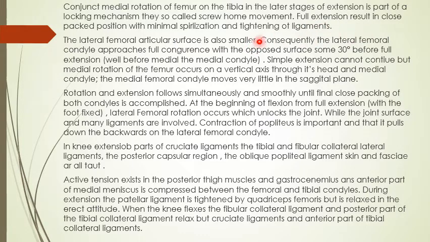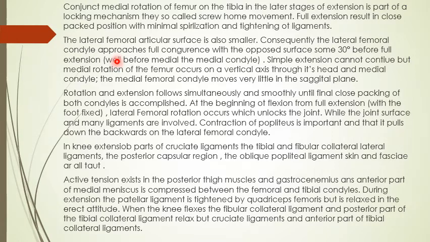Consequently, the lateral femoral condyle approaches full congruence with the tibial surface some 30 degrees before full extension, which means extension actually starts from flexion. The knee is fully flexed when it undergoes extension.